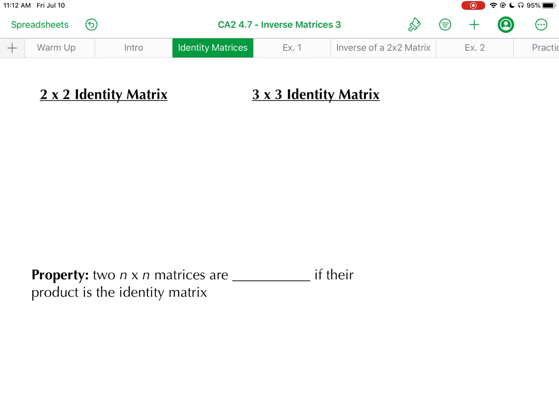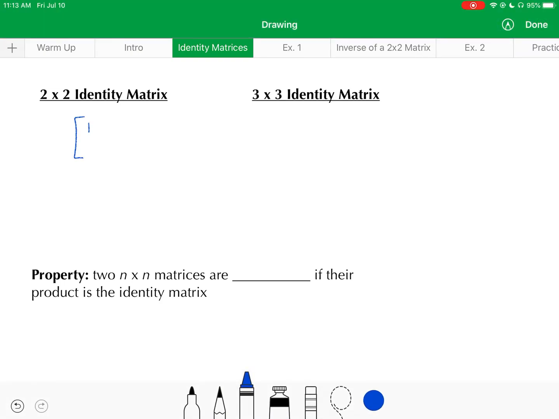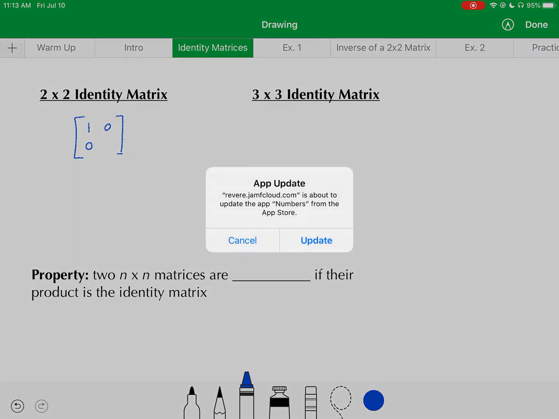So the identity matrices that I'm going to show you now would be considered the multiplicative identities for 2 by 2 and 3 by 3 matrices. The 2 by 2 identity matrix has the following makeup. The first row would be 1, 0, and the second row would be 0, 1.